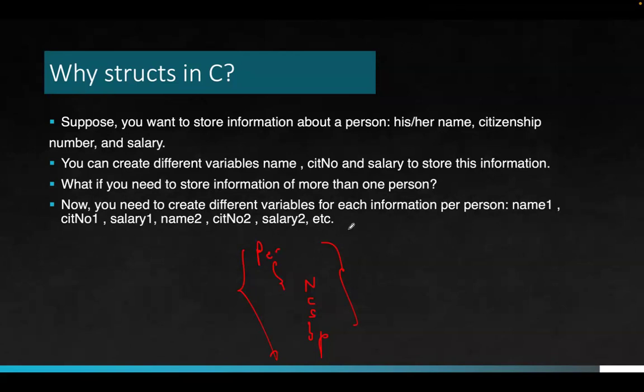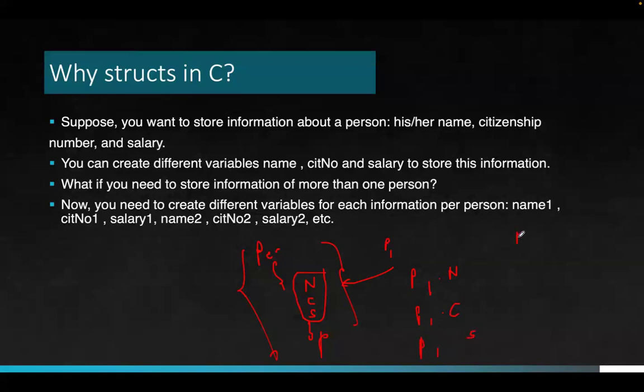So what will happen here is the first person, let's say P1, will have the corresponding name, citizenship, and salary directly linked to it. How will you access them? P1 dot N, P1 dot C for citizenship, P1 dot S for salary.